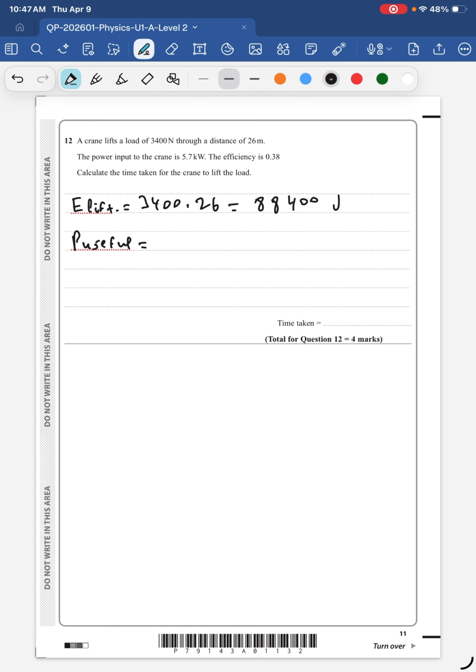Now, the crane provides 5.7 kilowatts, with an efficiency of 0.38 though. So the useful power is 2,166 watts.